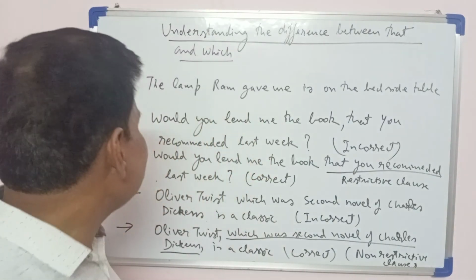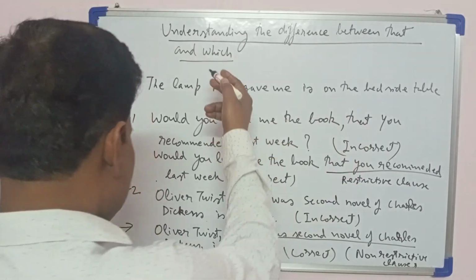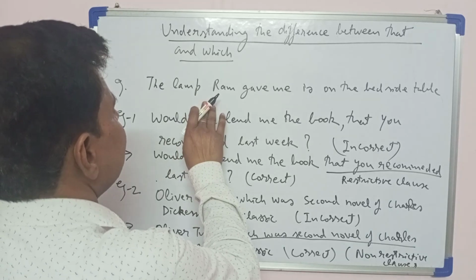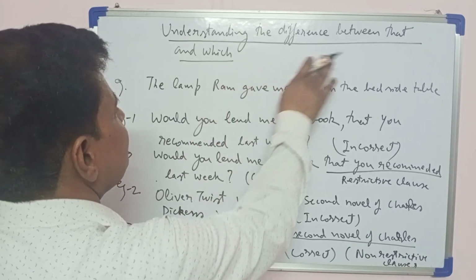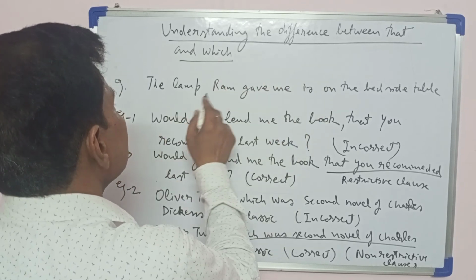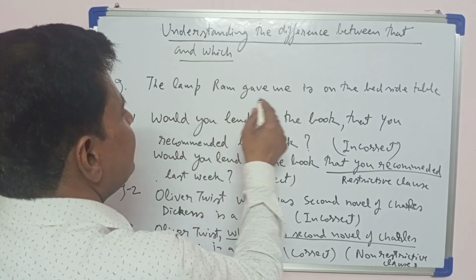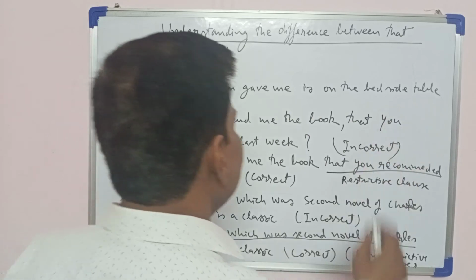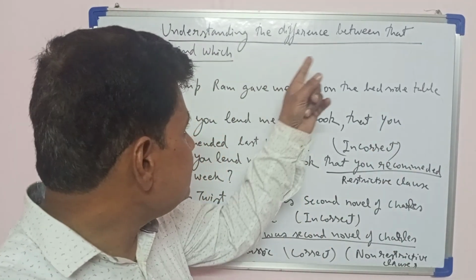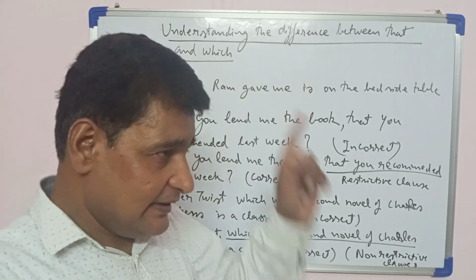As you can see in these examples, just have a look at them. Here I have told you that if you are confused about the use of that and which, you can also write the sentence without using that and which. So the lamp that Ram gave me is on the bedside table. Before that, I told you the use of that and which in the same sentence.